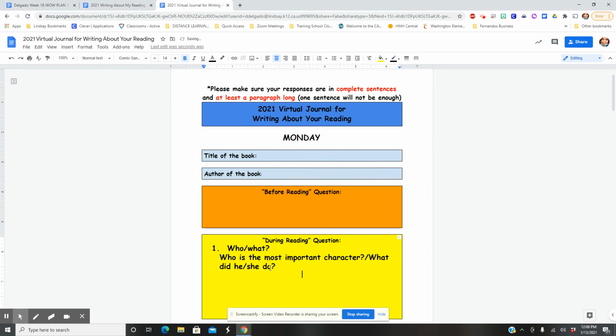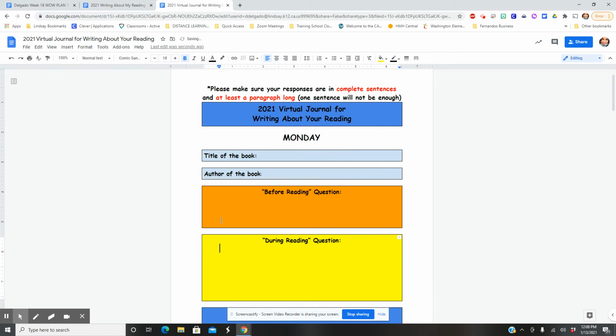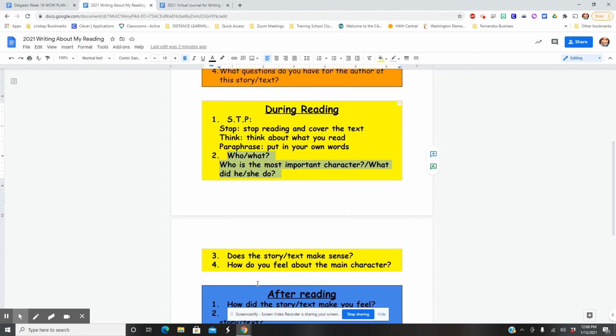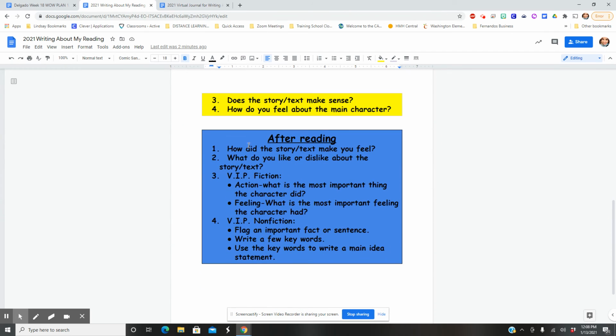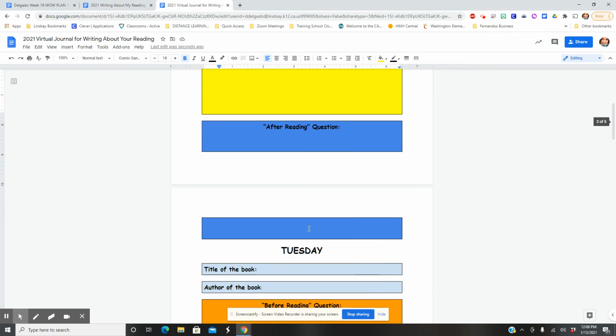I do that. And then lastly, because I told you everybody needs to do an after reading, even if you didn't finish the book, say I want to do what do you like or dislike about the text. Well, if I'm reading a chapter book and I didn't finish reading the chapter book, Miss Salgado? Well, you still have to do a response.